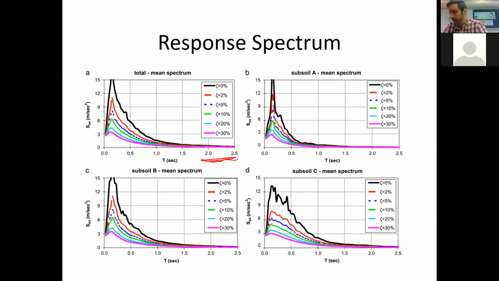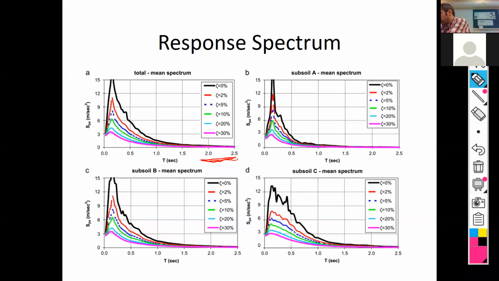Why would that be? Well, if we look back at the equations that we had before, the maximum speed is approximately the maximum displacement times omega, right?